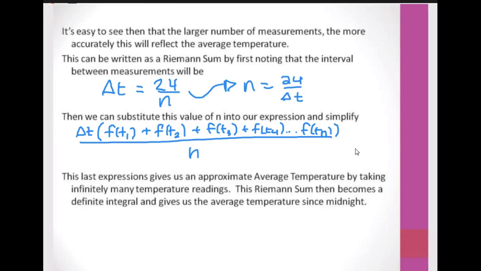And we could think of this as a Riemann sum because this would represent the height of the rectangles times their widths, but now the difference is this n value. That's kind of like a constant, so you could factor that out in front.